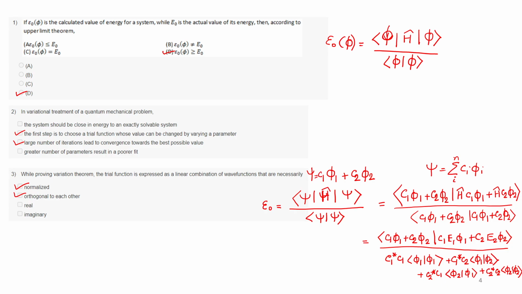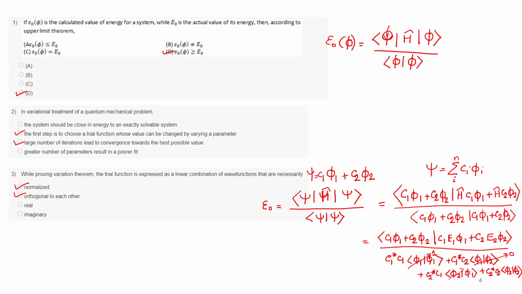is that here we are going to use the orthonormal condition for each of these phi 1 and phi 2. The diagonal terms are going to be 1 and the cross terms are going to be 0.